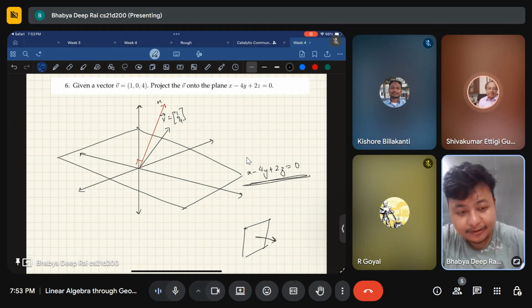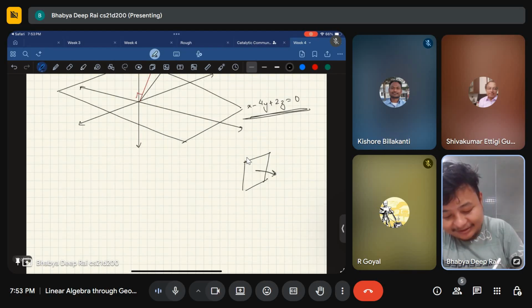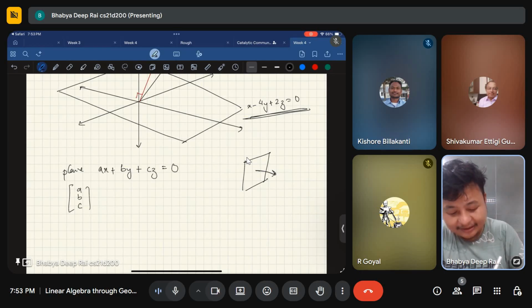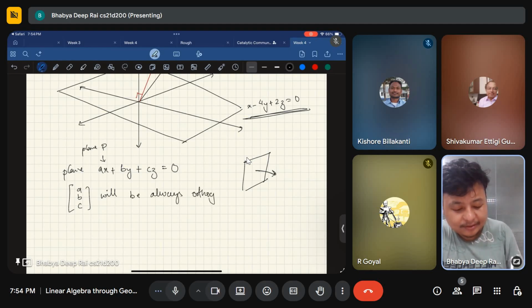Let me name it N. You can always look at a plane ax plus by plus cz equals 0, and this is my plane P. The vector (a, b, c) will always be orthogonal to plane P: ax plus by plus cz equals 0.